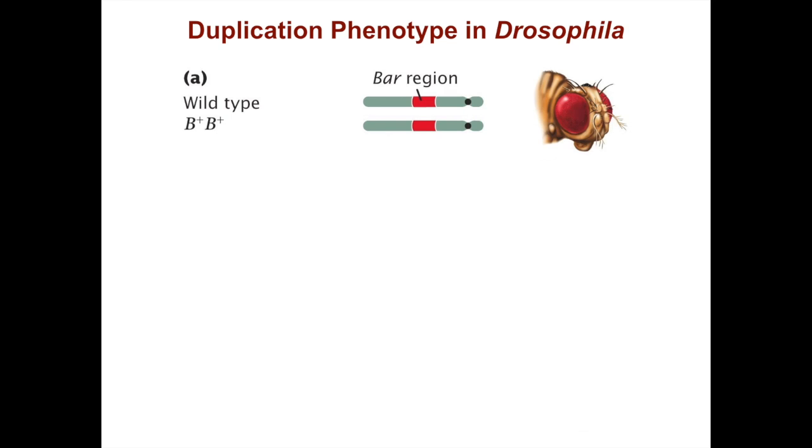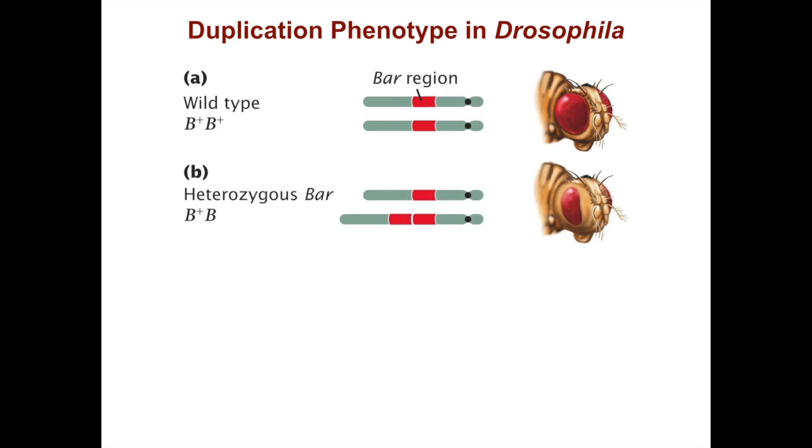Drosophila is always a great example of genetics, and here we're going to talk about the bar region. The bar mutation results from a small duplication on the X chromosome that is inherited as an incompletely dominant X-linked trait. When you're heterozygous for this duplication, you get a smaller eye, so the number of facets in the eye is reduced.